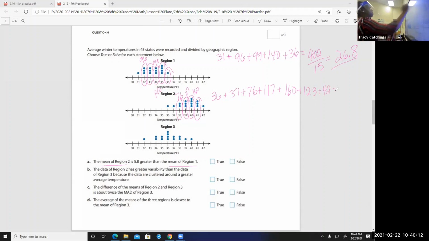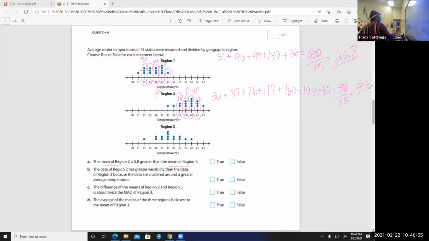And we got a 42. All right, that's verification. How many total dots? 15. Divide it out. 39.4. Yes, sir.